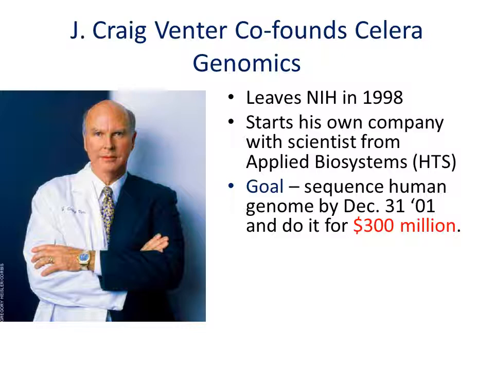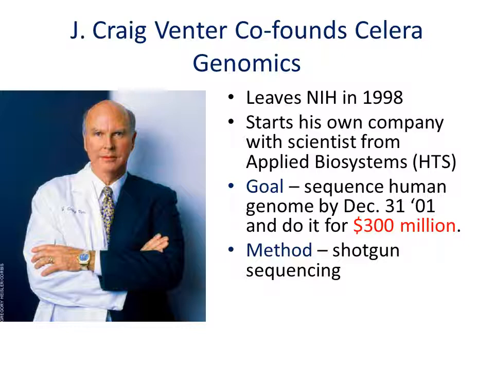His goal was to sequence the entire human genome, not by 2005, but rather by 2001, and rather than it costing billions of dollars, he was going to do this for about $300 million. So basically, when he did this, it began a mad race between the world and Venter at Celera to see who could sequence and complete the Human Genome Project first.